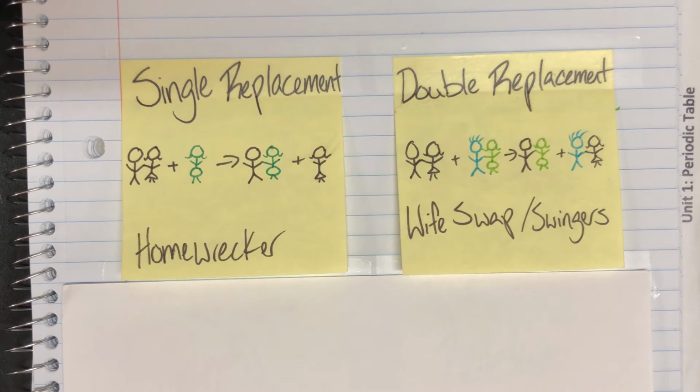Whatever new thing I have introduced is going to break up the pre-existing compound and replace one of those compound's components. So as we can see here, my female figurine there in the black skirt was replaced with my green girl in my final product.